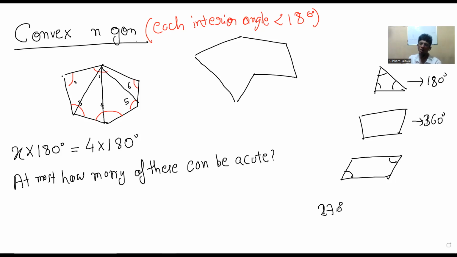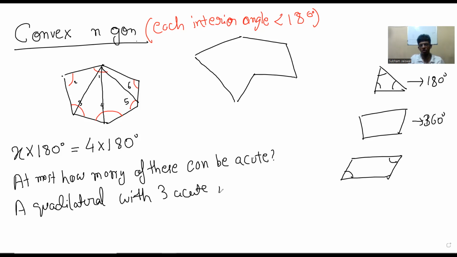Certainly all 4 cannot be acute, otherwise it won't add up to 360. But this is the question. So a quadrilateral with three acute angles.